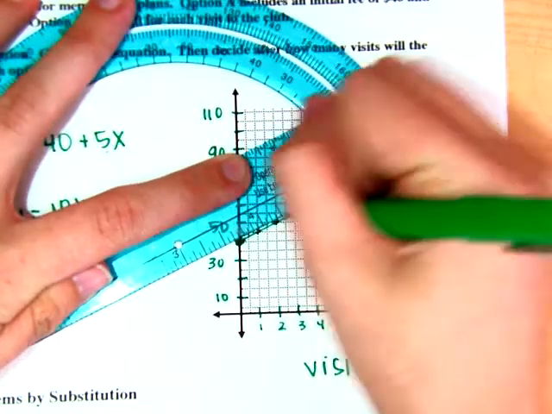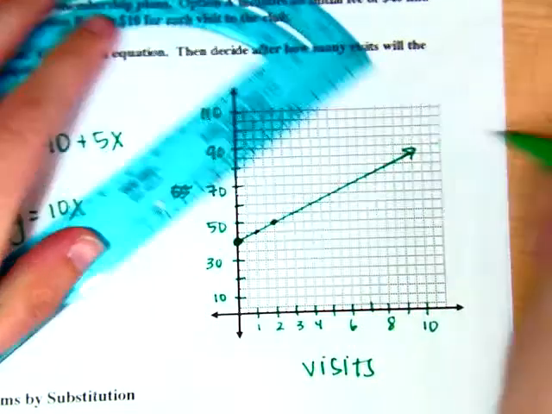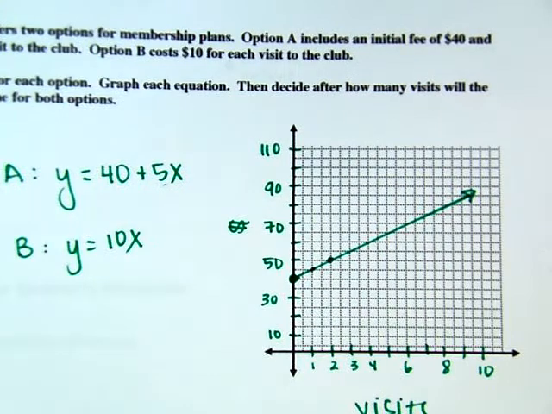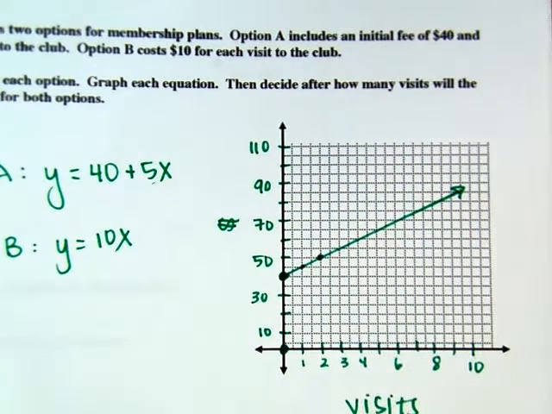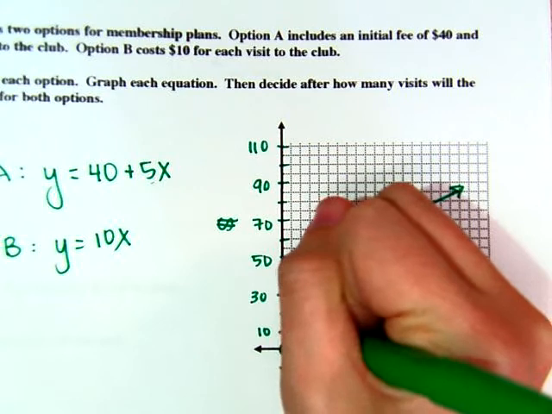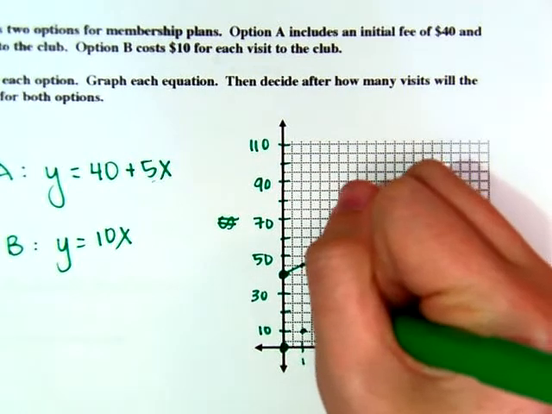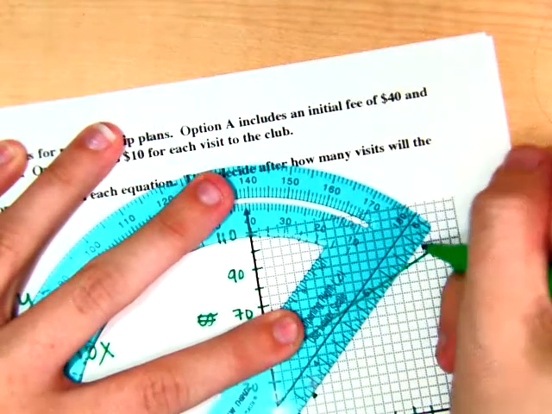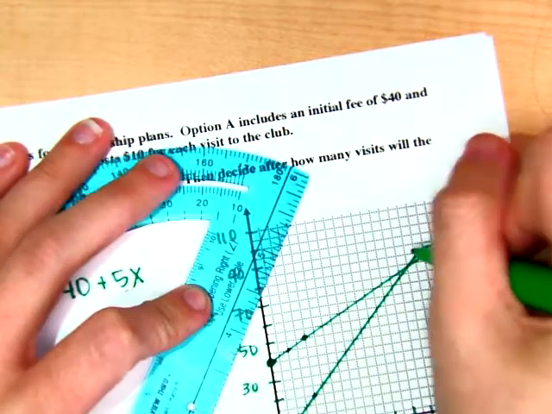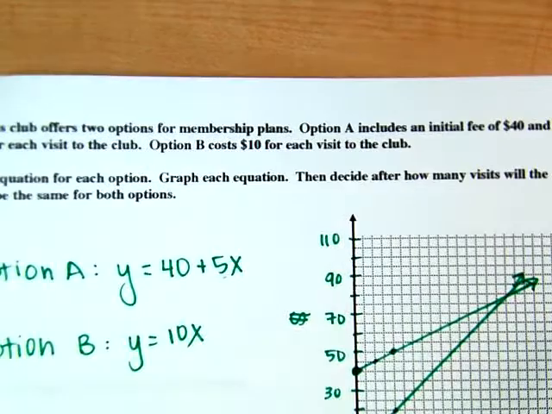And I plot that baby. Keeps going. And my other one starts at 0, 0. If I don't go any times, I'm not paying any money, but each time I go, it costs $10. 2 times would cost $20, etc. So when I plot this, hopefully it can come out nice and clear.